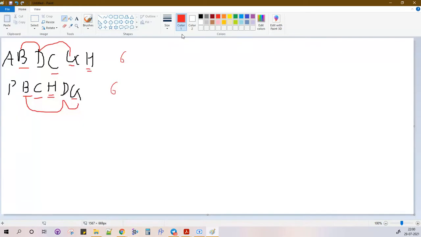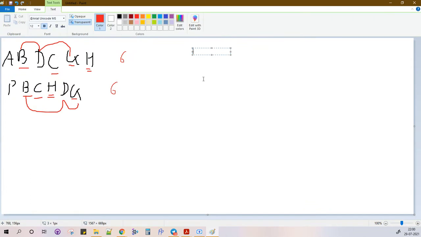Let's see what this formula is basically saying. Let's say I'm having two strings, m n o p q, and another string n o r s q.